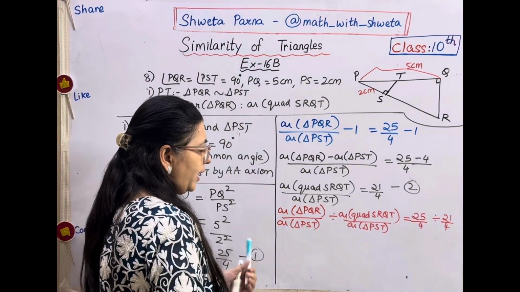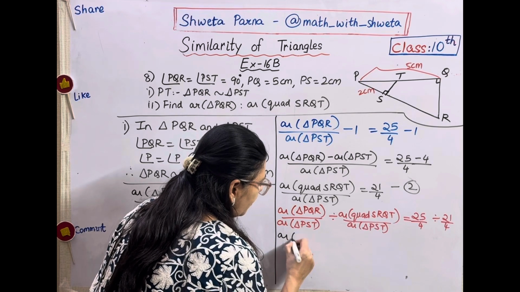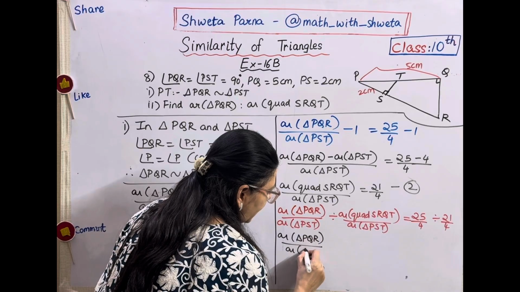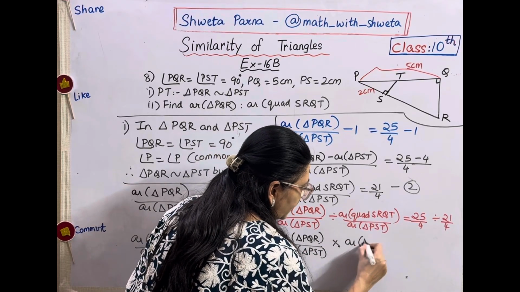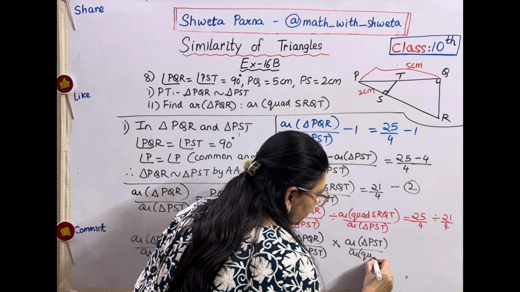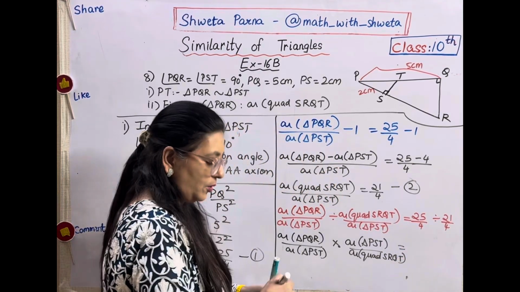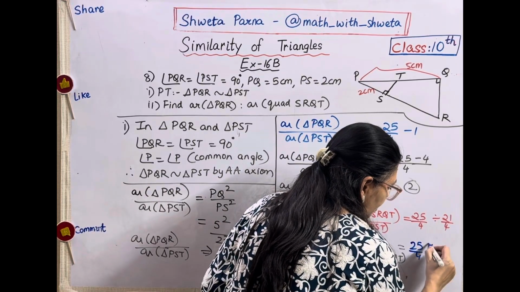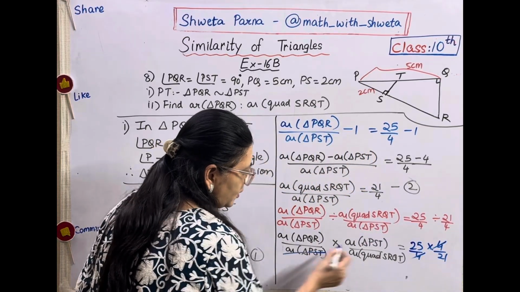So what you will get? Whenever you are dividing, you are taking the reciprocal. So area of triangle PQR upon area of triangle PST into area of triangle PST upon area of quadrilateral SRQT is equal to 25 upon 4 into 4 upon 21. 4 and 4 get cancelled, this and this get cancelled.